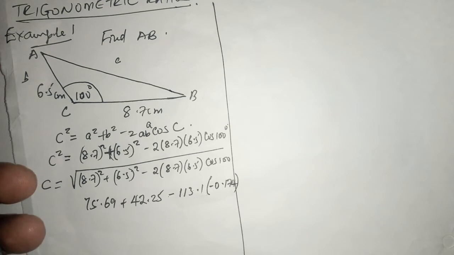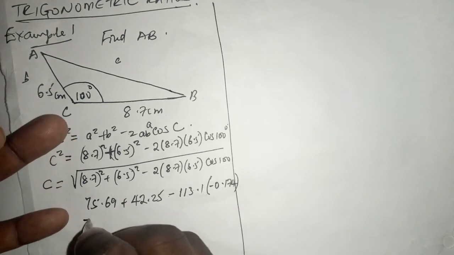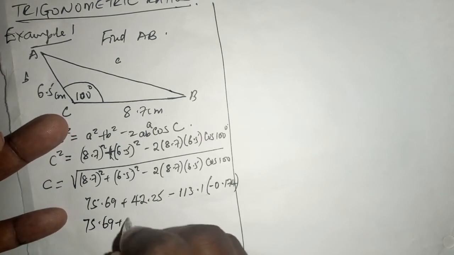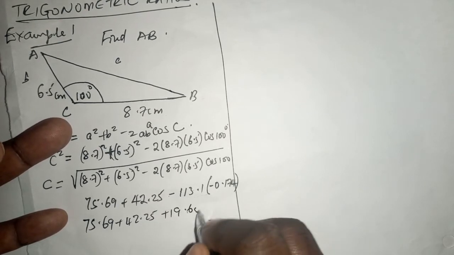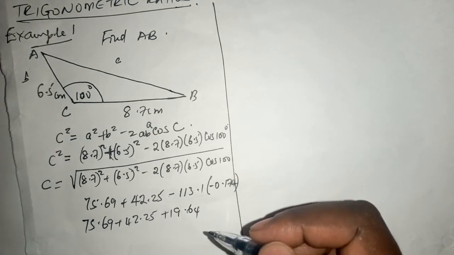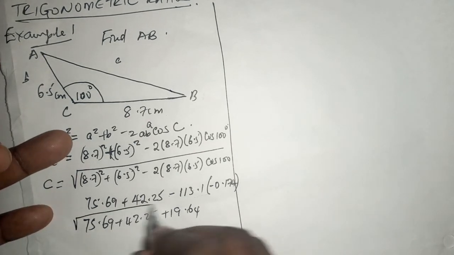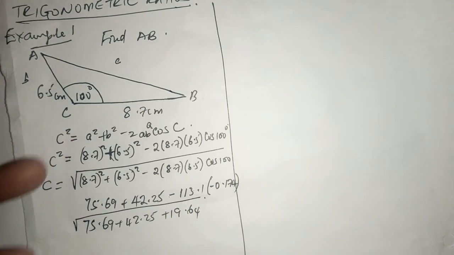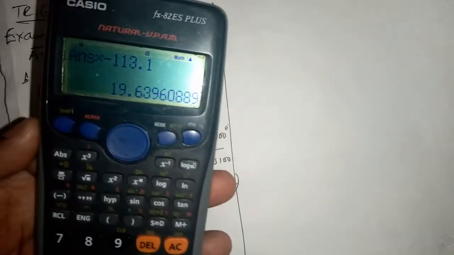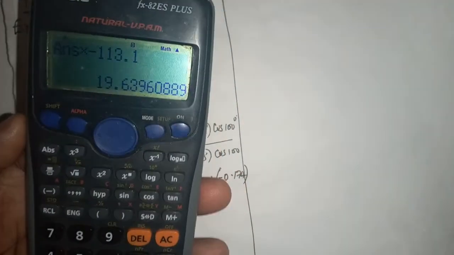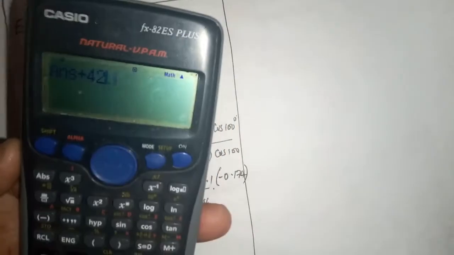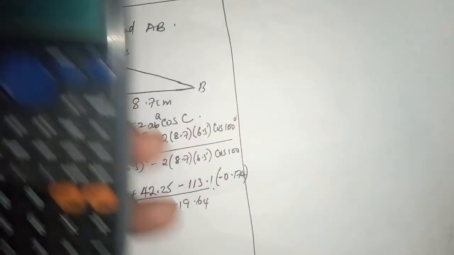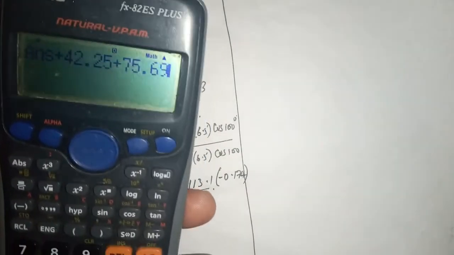So it's going to be 75.69 plus 42.25 plus 19.64, and the square root of all this. Let's add this together: 19.64 plus 42.25 plus 75.69.